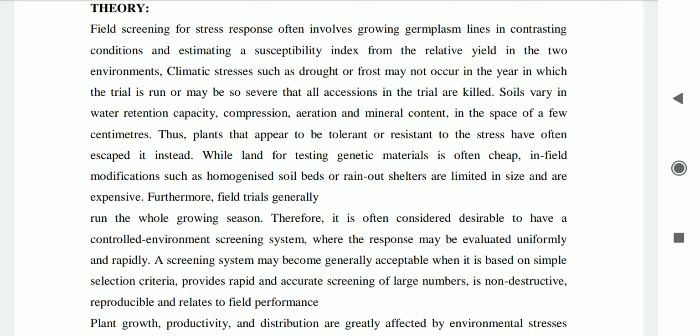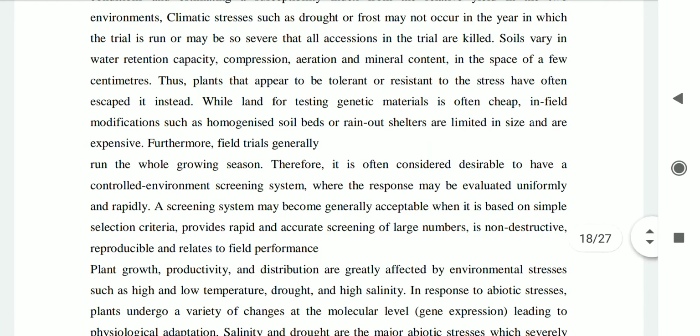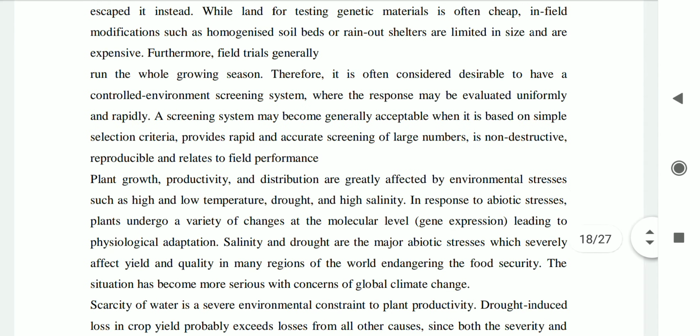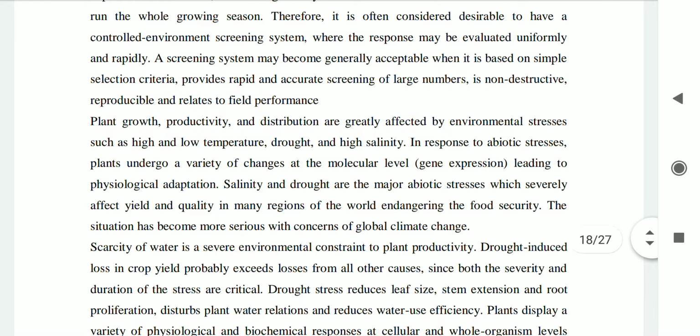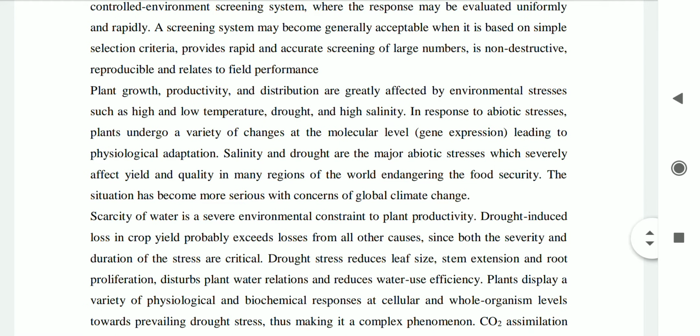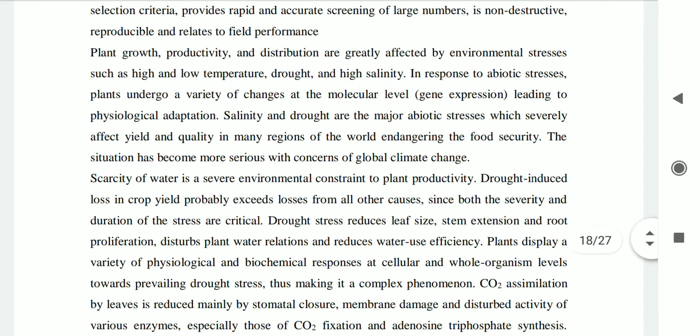Salinity will change the productivity or yield of the crop, and drought will also change the protein structures and other parameters at the cellular level as well as at the external levels.